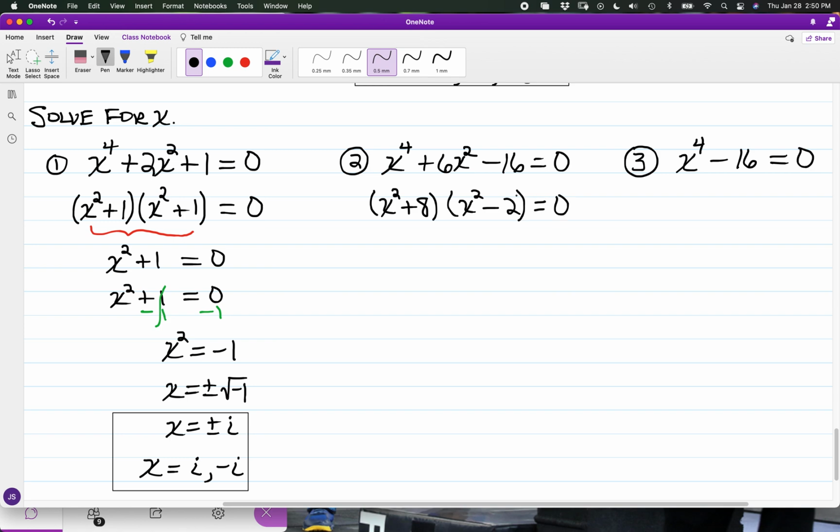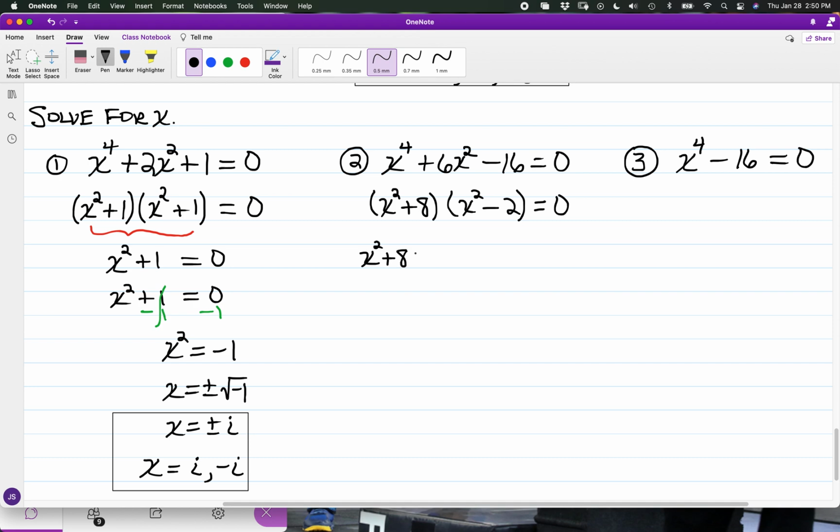So again, 8 times negative 2 is minus 16, and in terms of adding, we have an 8 and a negative 2, where we have that positive 6 left standing.